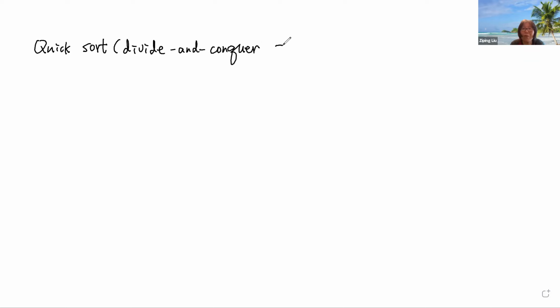So the next one is quick sort. Quick sort is going to use what we call a divide and conquer strategy.